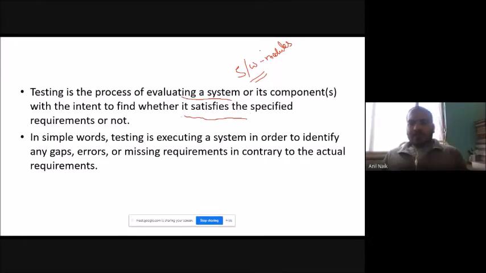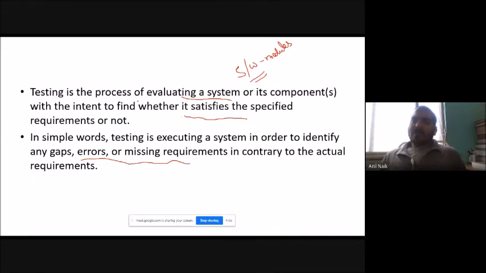So in simple words, testing is executing a system in order to identify any gaps, errors, or missing requirements in contrary to actual requirements. So we do the testing to identify any gaps. Suppose we have not added any features, or there is any error. For example, one application supports only one device.